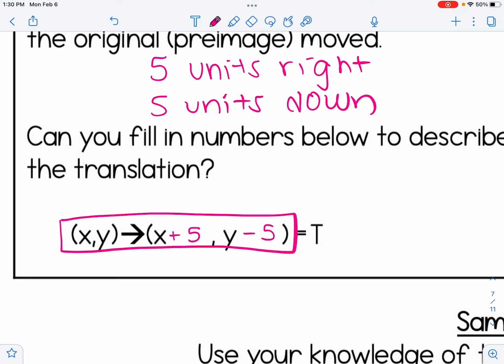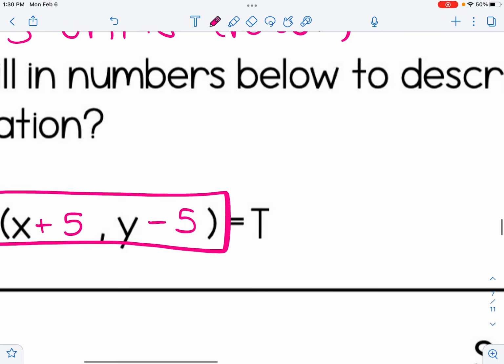The other way is using the notation for translations, which starts with a capital T, T for translation. And we put 2 numbers in the subscript. So the numbers I'm going to put for this example are 5 and -5. Basically, the first number tells you, did the pre-image get translated left or right?